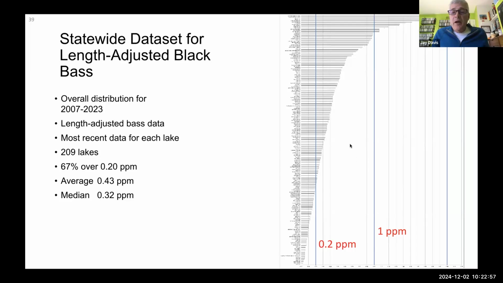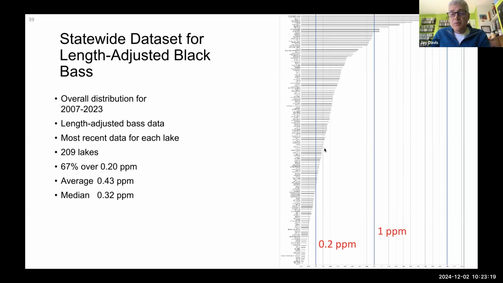But this is a handy reference point for when you get length adjusted bass data for a water body. You can see where it fits in statewide, and how contaminated it is relative to other water bodies.